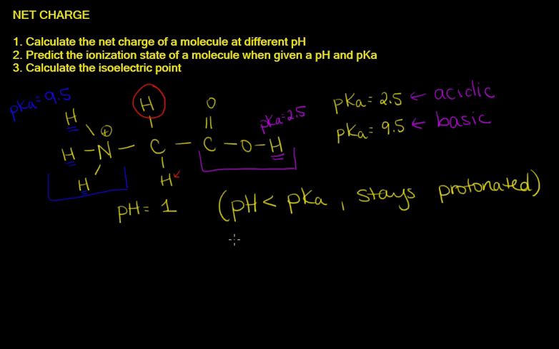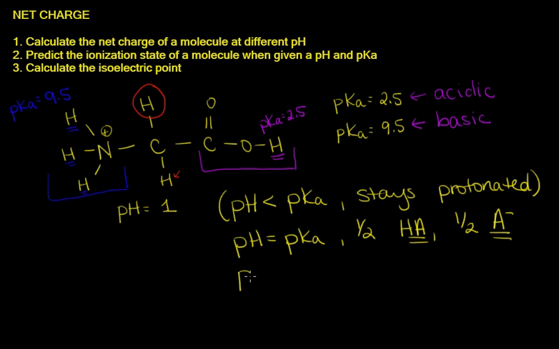When the pH is equal to the pKa, half will be in the protonated form, half will be in the unprotonated form. So remember that from the Henderson-Hasselbalch equation. That when the pH equals pKa, that's the midpoint, and that's when that log part cancels out because we have equal amounts of A minus and HA, and so that makes it the log of 1. Log of 1 is 0. So that's what happens when the pH equals the pKa.